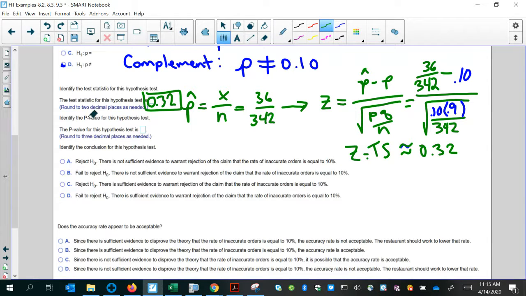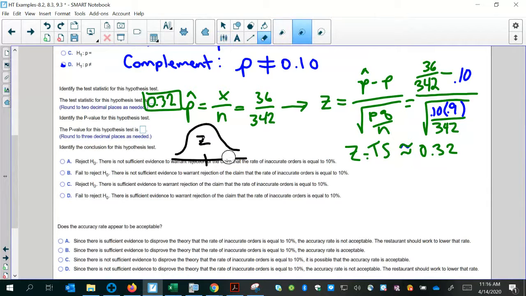Now, the p-value is the area under the curve that is associated with the test statistic. So if we plot the test statistic on the z-score curve, maybe I should write this down here.